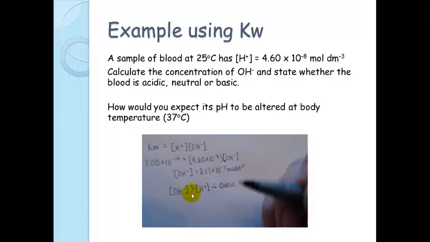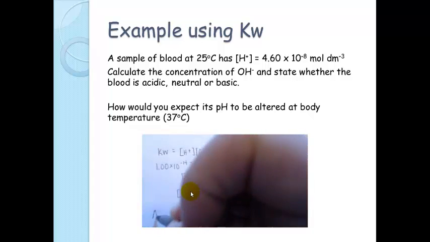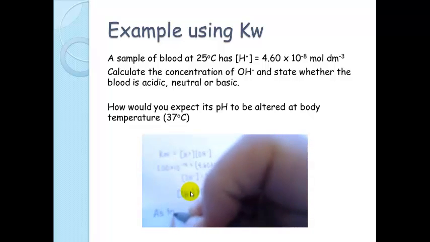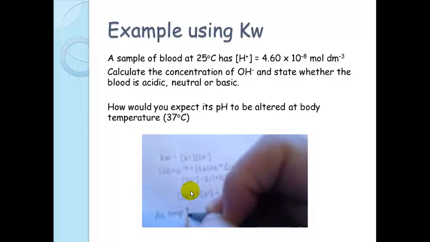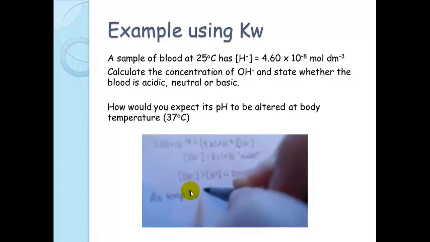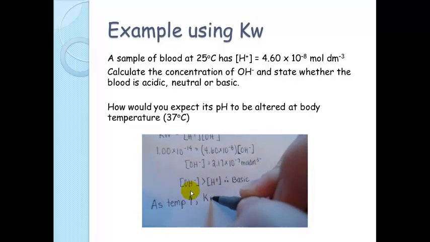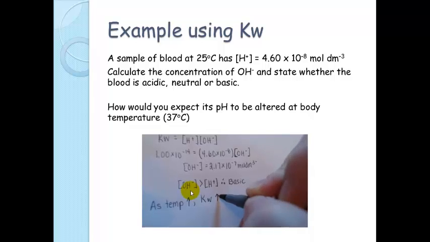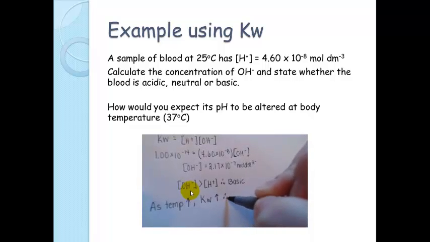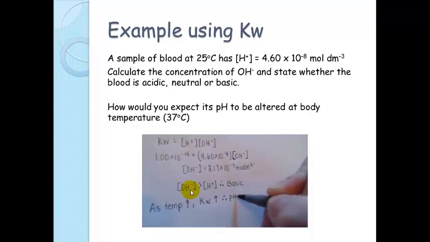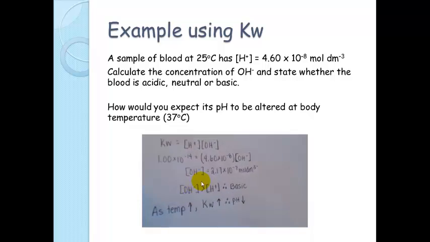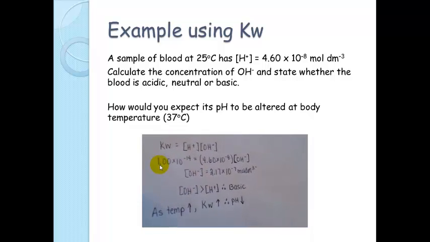Now, if you raise the temperature, remember this is an endothermic reaction, so as you raise the temperature, the Kw will increase because you will shift the reaction to the right. Therefore, the pH will decrease, meaning go down.